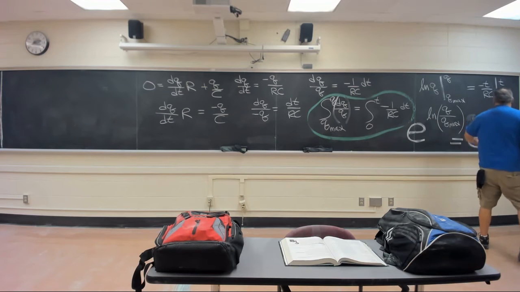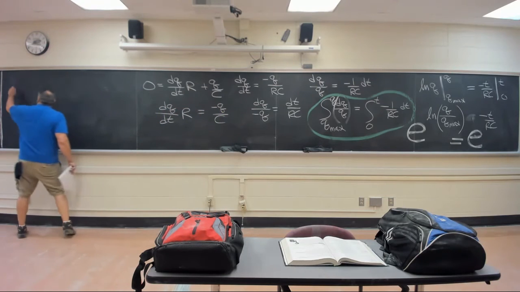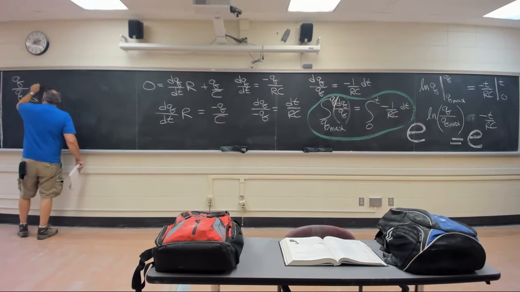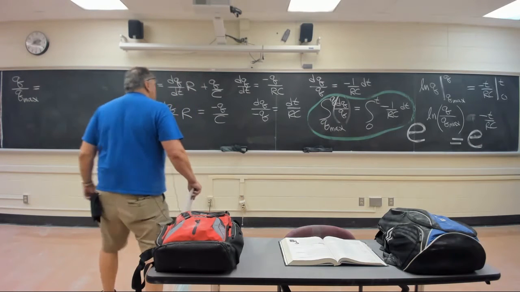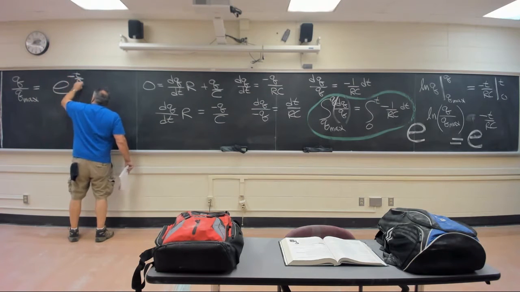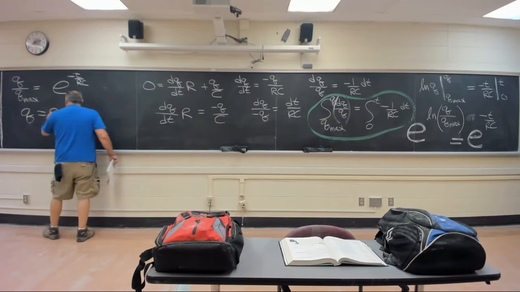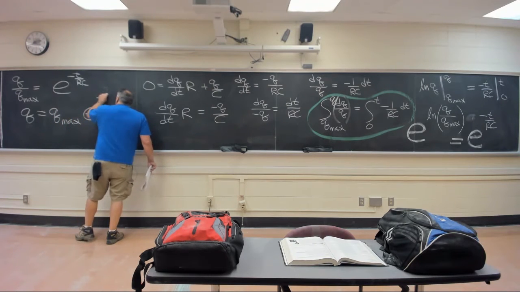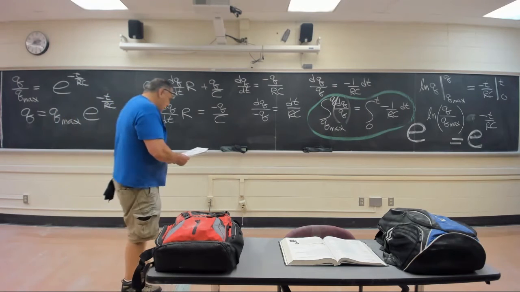Two things are equal, they remain equal if you exponentiate each side. You get q over q max, you get q over q max equals E, and that's it.